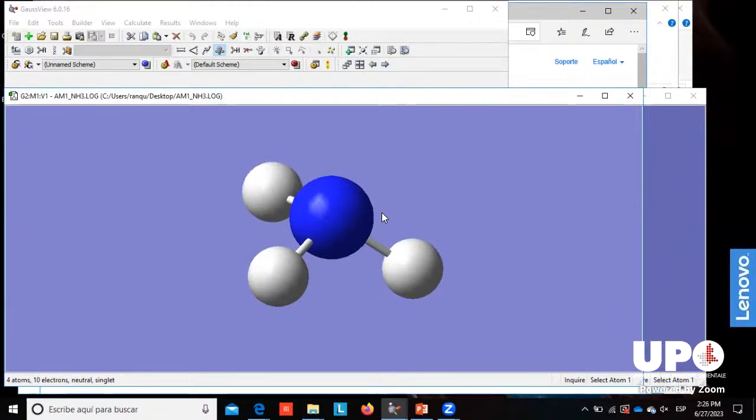It was simple, right? So now with the question mark, you can measure the distance, for instance. And now you see that it's not exactly 1 angstrom as in the starting geometry, but almost. So the bond distance is, maybe you can write down here the values. So at AM1 is 0.99, whatever, 998.